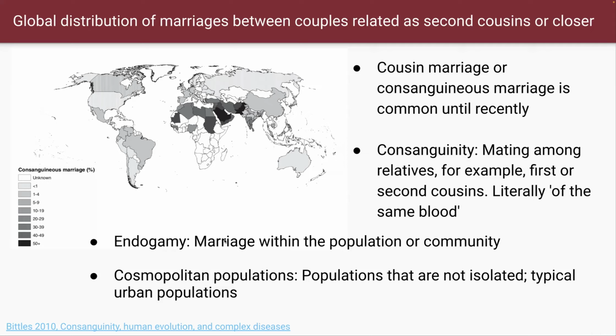Compared to these two terms, we have a different concept, which is the cosmopolitan population. These are populations that are not isolated, right? They are typically urban populations. Think about the 21st century. We have a great advance in transportation.